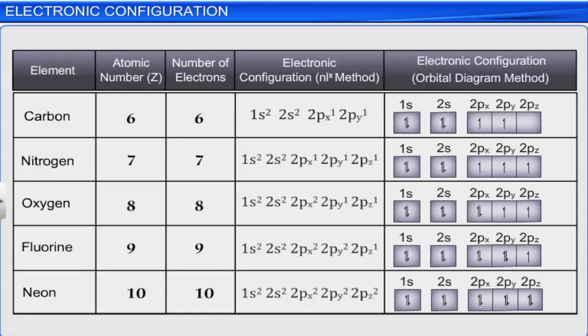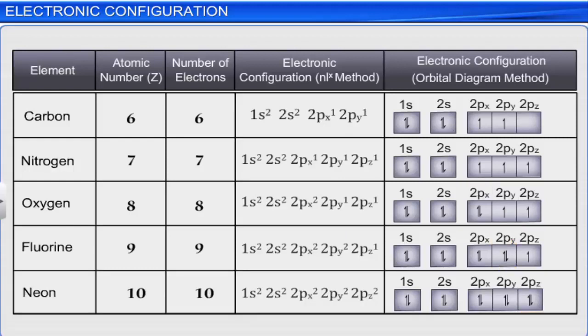They successively occupy the 3 2p orbitals, that is 2px, 2py, 2pz, in accordance with Hund's rule. The pairing of the 2p subshell starts with oxygen and completes with neon.